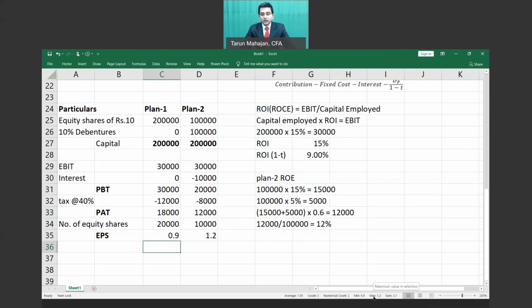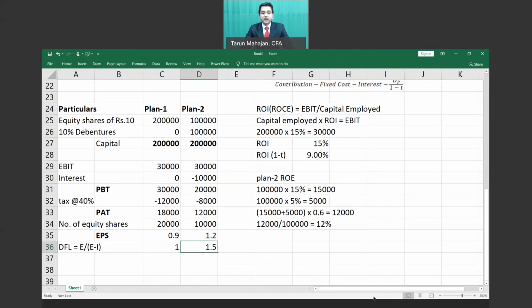Can I say, okay, if I calculate here DFL also, degree of financial leverage. And you know the shortcut for DFL is EBIT divided by EBIT minus interest. So I will say EBIT here is 30,000 divided by EBIT 30,000 minus interest, which here in this case is 0.